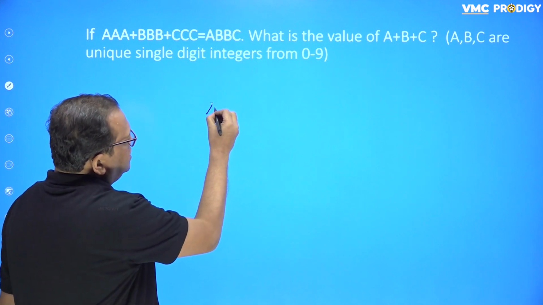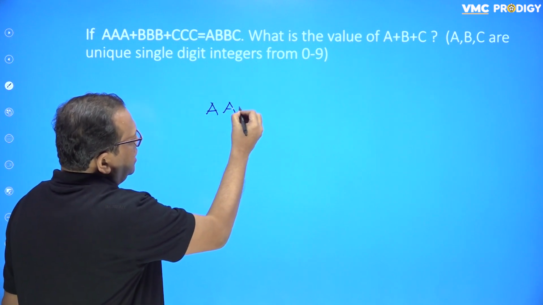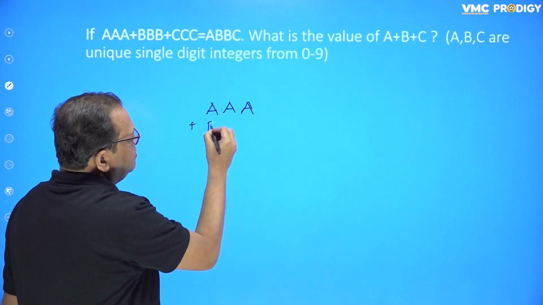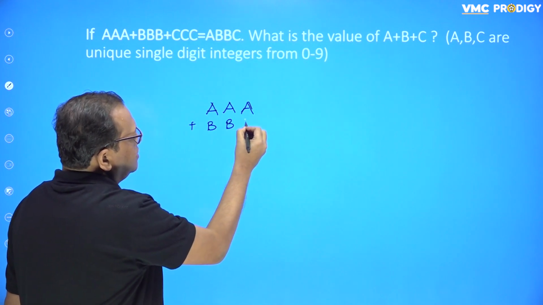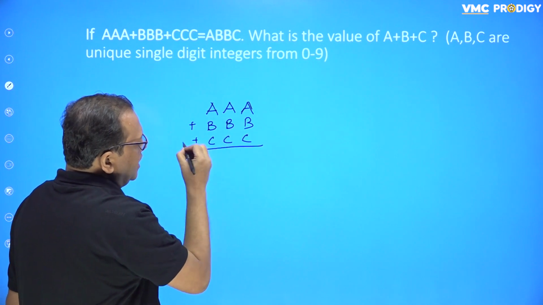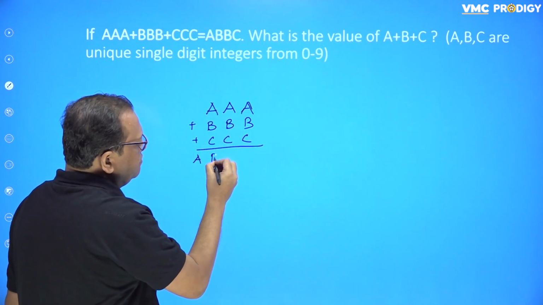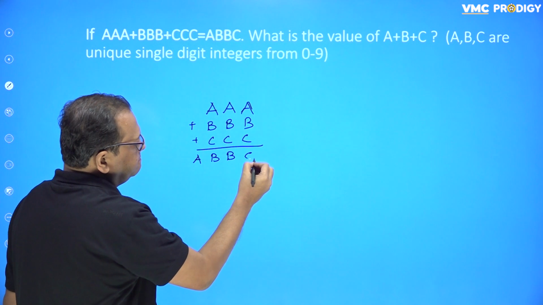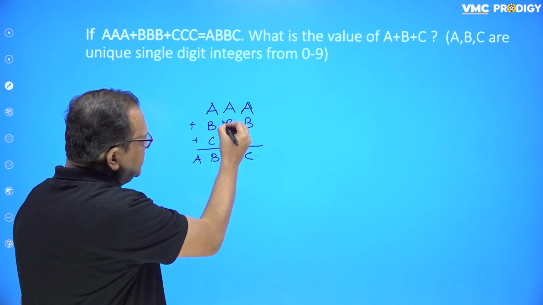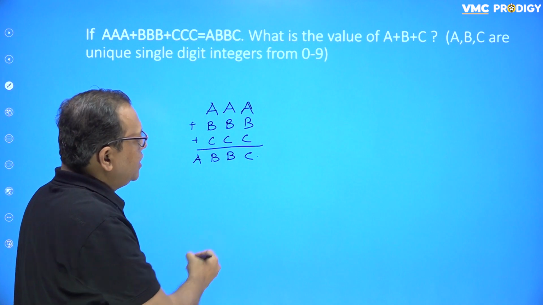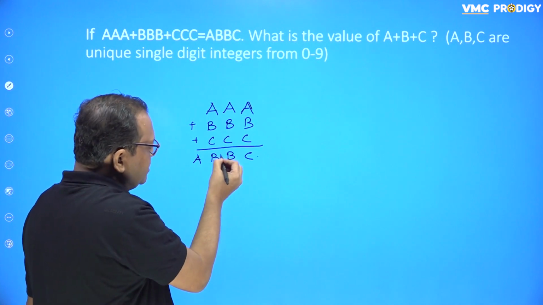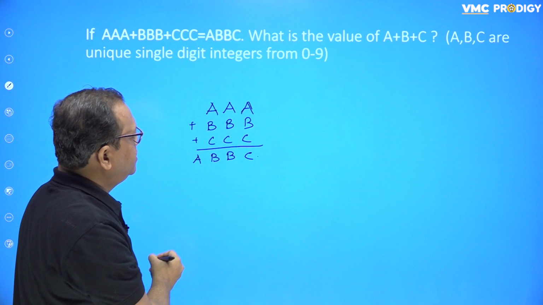So I write these numbers as AAA plus BBB plus CCC, and the value is ABBC. All these are distinct integers. Now start from this side. These are all 3-digit integers, and this comes out to be a 4-digit integer.